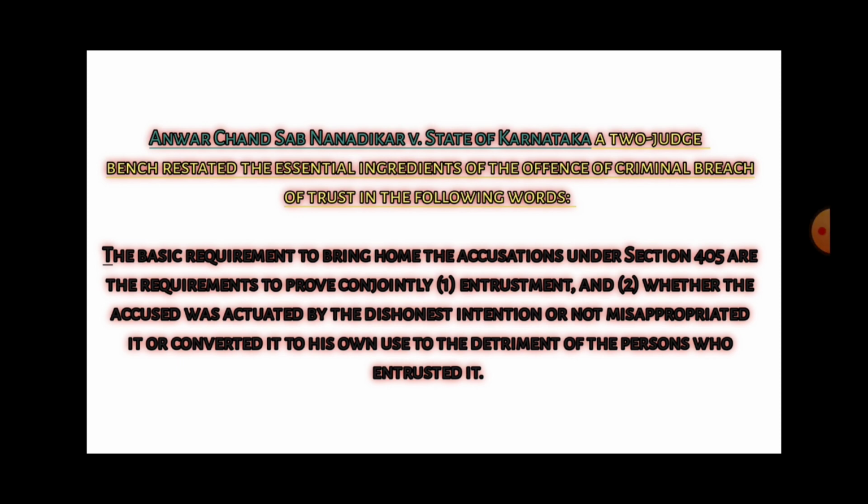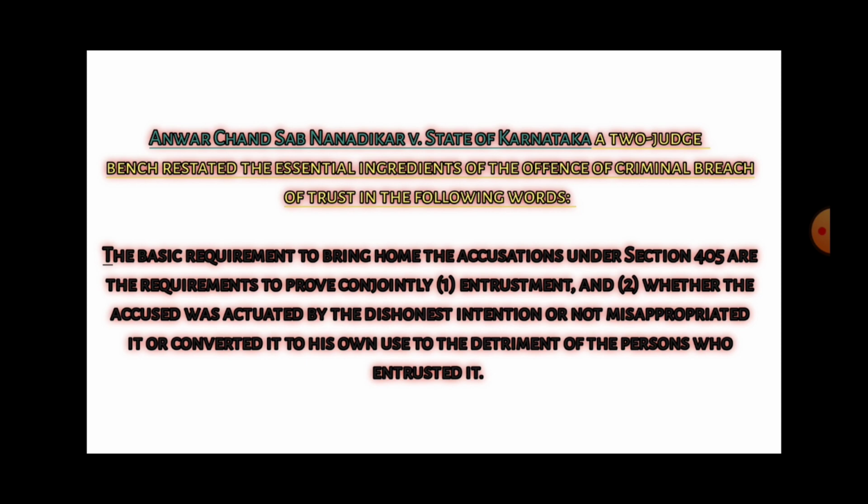A two-judge bench restated the essential ingredients of the offence of criminal breach of trust in the following words: the basic requirement to bring home the accusations under Section 405 is to prove conjointly the entrustment of property and whether the accused was actuated by dishonest intention or not, misappropriated it or converted it to his own use to the detriment of the persons who entrusted it.